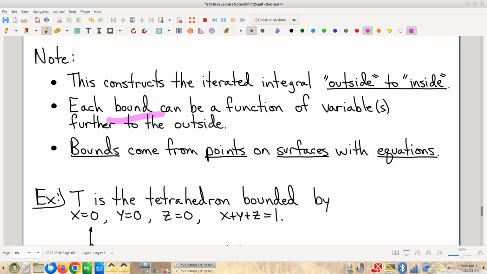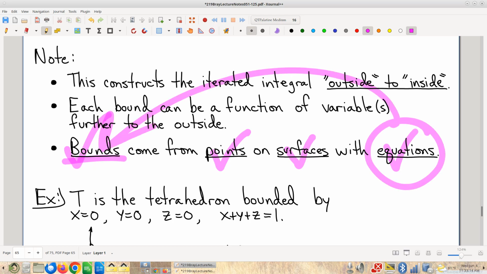Notice the bounds can be functions of the variables further to the outside, just like with double integrals. And then this same pattern, how are we going to figure out what bounds are? Well, we're going to identify the key relevant points. We're going to notice that they are on some specific surfaces that will have certain equations in which I can solve for the bounds that I'm looking for. Same pattern with double integrals.